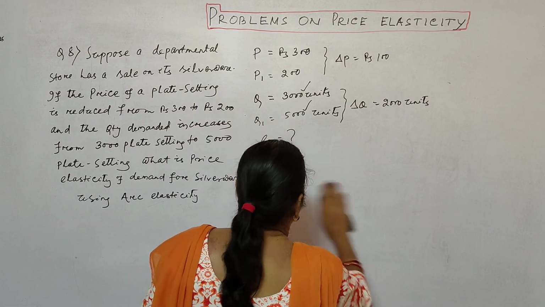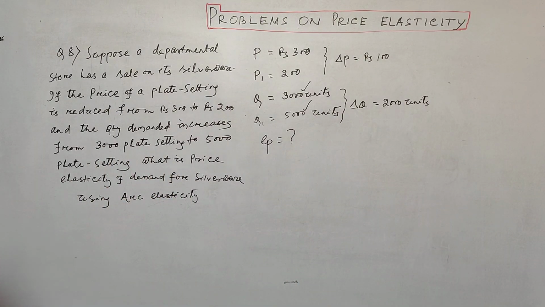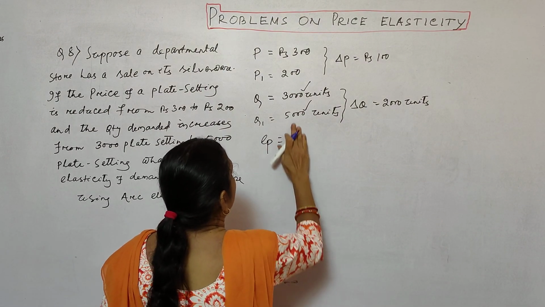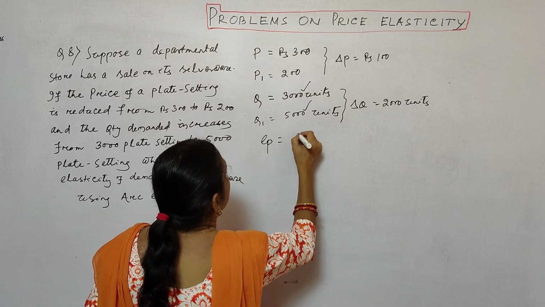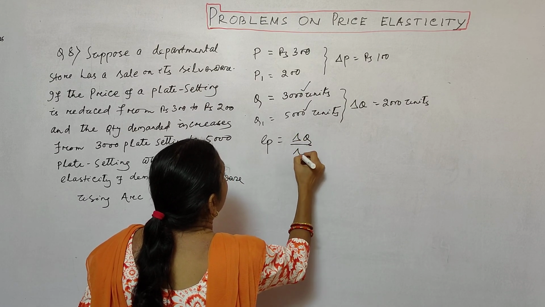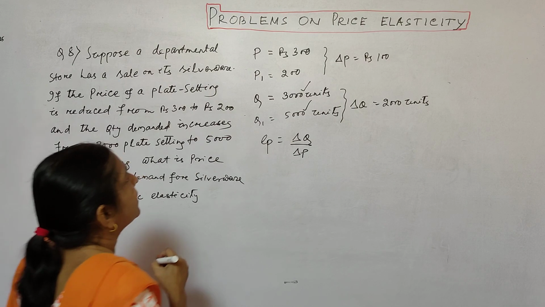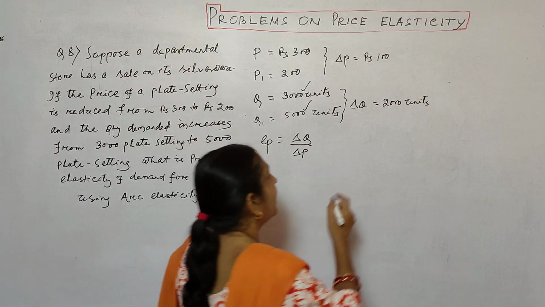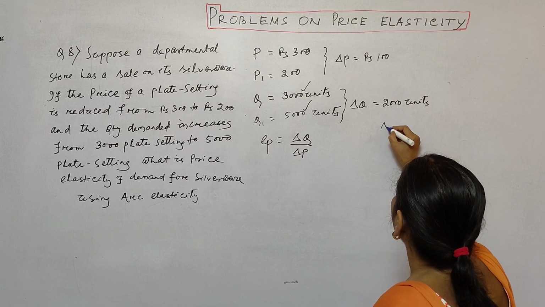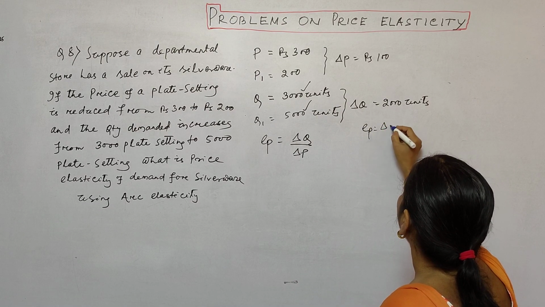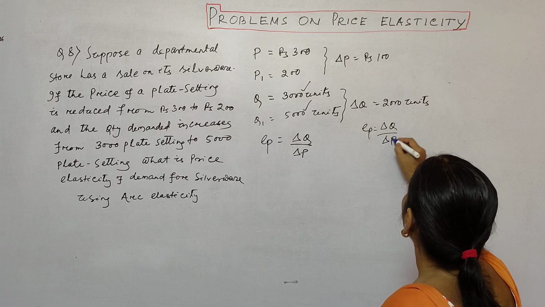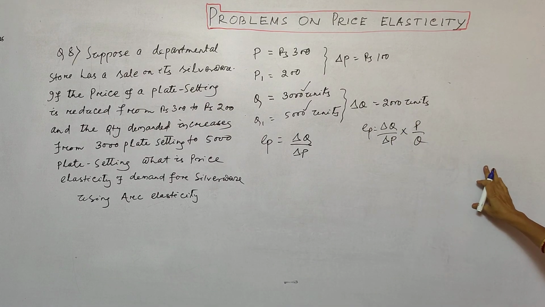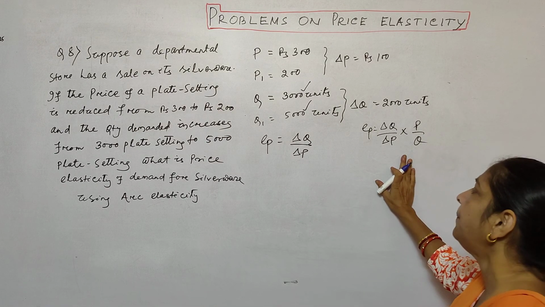So the formula for arc elasticity is EP, the formula delta Q by delta P with the change. The normal formula for elasticity is our EP formula, delta Q by delta P into P by Q. This is our normal formula for calculating EP.